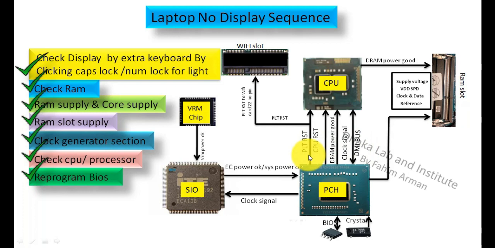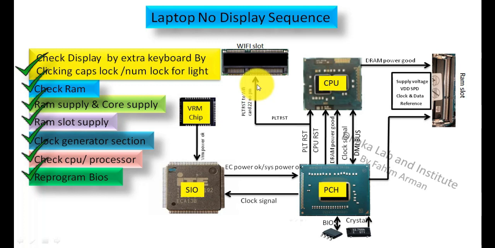PLT reset is very important for no display. It is undoubtedly a very essential checking point. First PLT reset will go to the CPU, then PLT reset will also go to the Wi-Fi card, pin number 20.